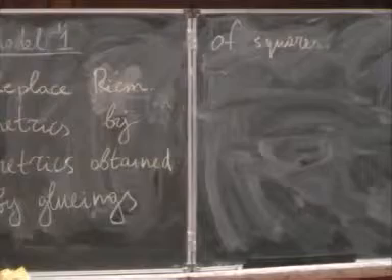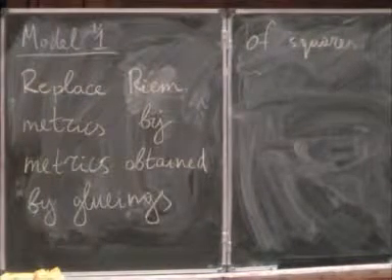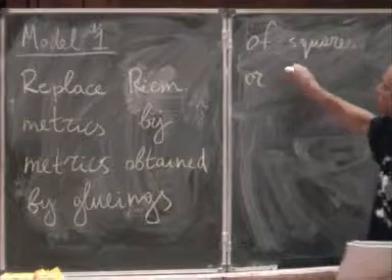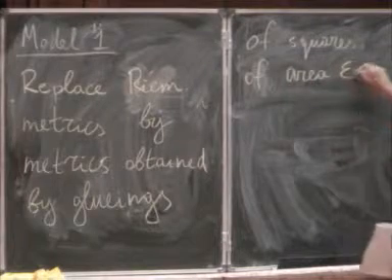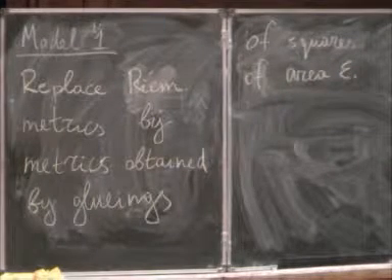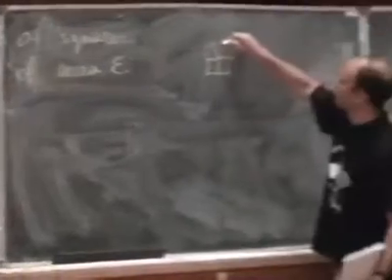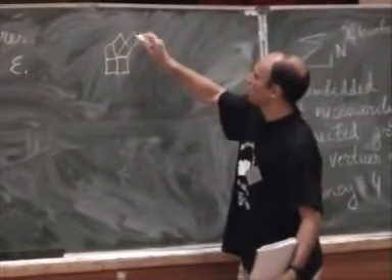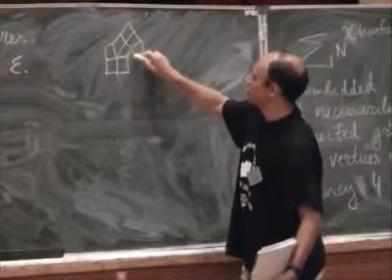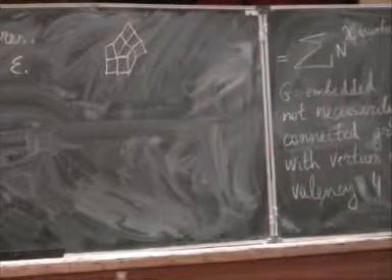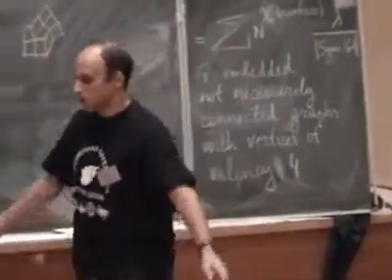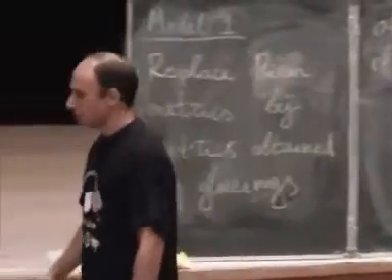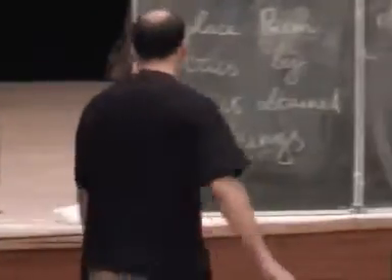So it seems to be a very crude approximation, but I can just take squares of area epsilon. I just take small squares and I glue them together in large numbers. So in the end I obtain a closed surface composed of 1 billion small squares. And physicists say that this is a good approximation to a Riemannian metric.